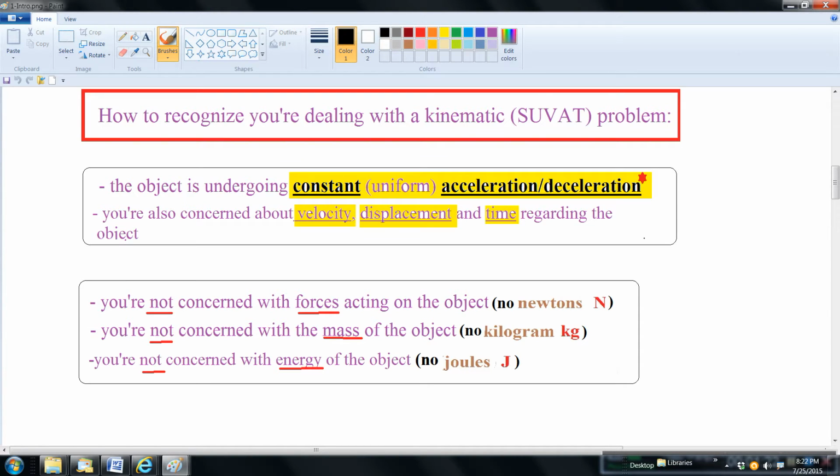And you're not concerned with forces or mass or energy, so no newtons, no kilograms, no joules. Those are dynamic problems when you're dealing with forces, and static problems, and then with energy, total and potential energy, that's another subdiscipline of mechanics.